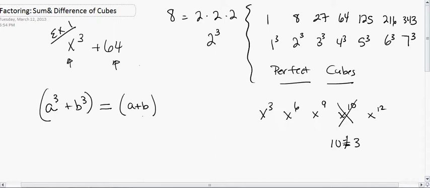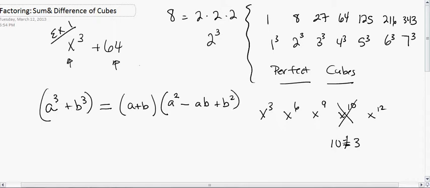Whatever that cube root is for a and whatever it is for b, a plus b, times whatever a is squared minus whatever a times b is plus whatever b is squared.